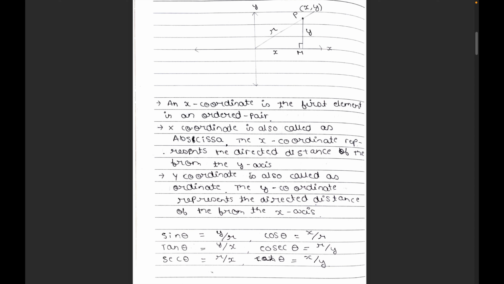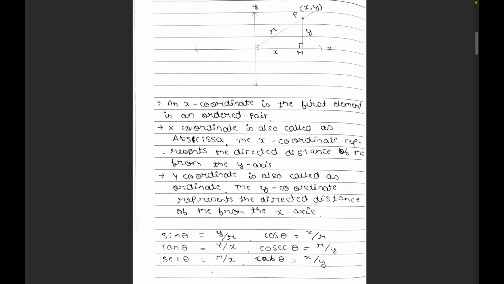And the y coordinate is also called ordinate, and the y coordinate represents the directed distance of the point from the x-axis.